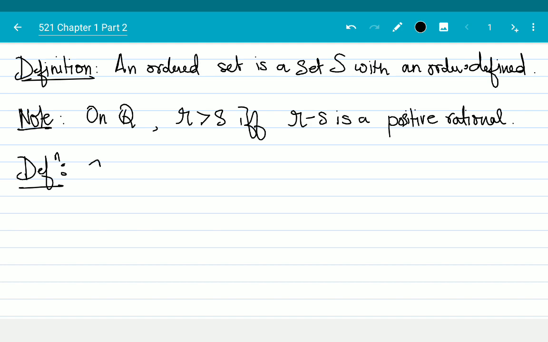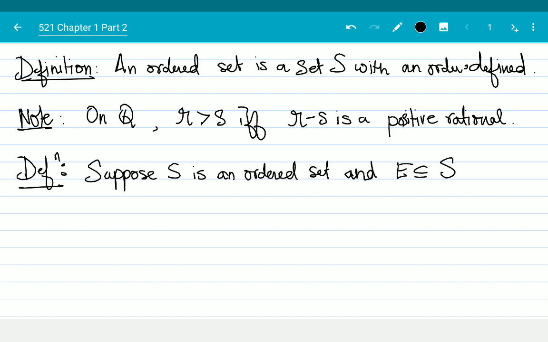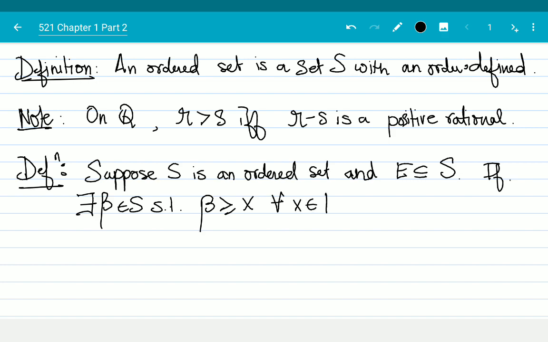Suppose S is an ordered set, and E is contained in S. Suppose there exists a beta in S such that beta is greater than or equal to x for every x in E.